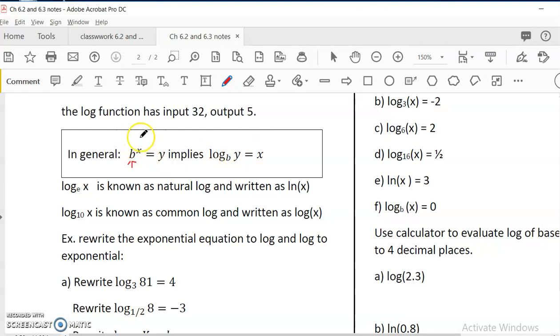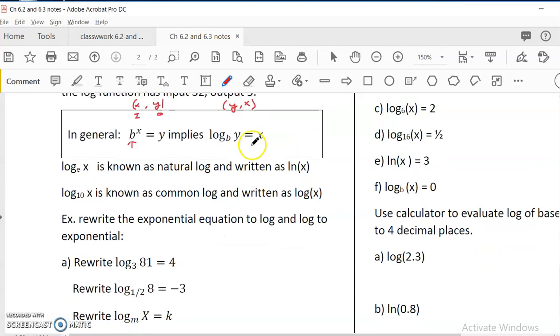In the exponential function we have x comma y, input and output, and for the inverse we have y comma x. So I switch, and log base b of y, the output, equals x.